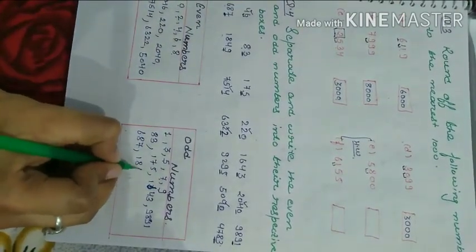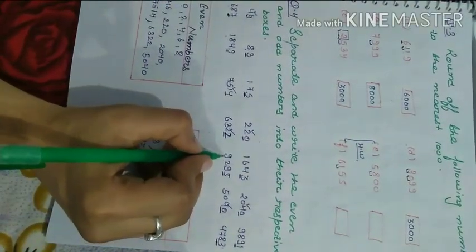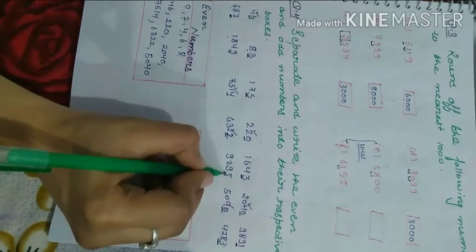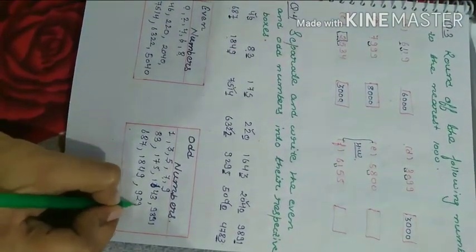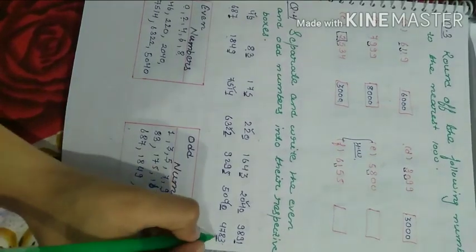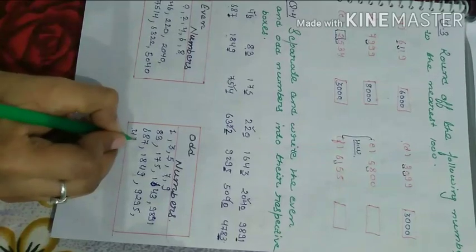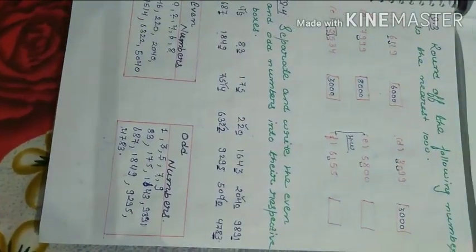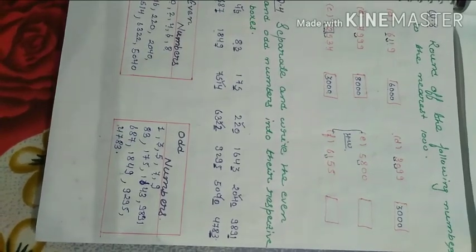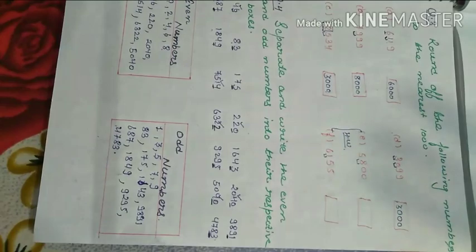So this is also our odd number. Now look at this number. 5 comes at ones place. So this is our odd number. Now at last we are having 3 at ones place. So this is also our odd number. Now our exercise is completed and the rest of the questions you have to solve in your homework.